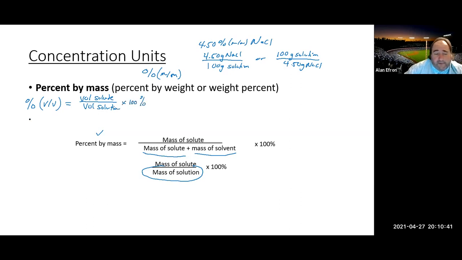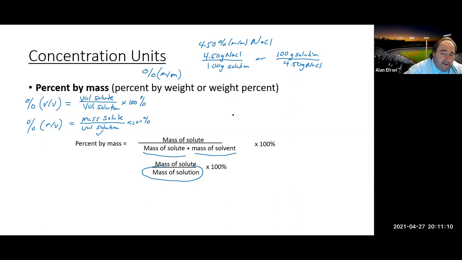There's also percent mass to volume, which is the mass of the solute divided by the volume of solution times 100%. Top guy is basically milliliters divided by milliliters. Bottom guy is grams divided by milliliters, like density. And these are three very common percent units of concentration.